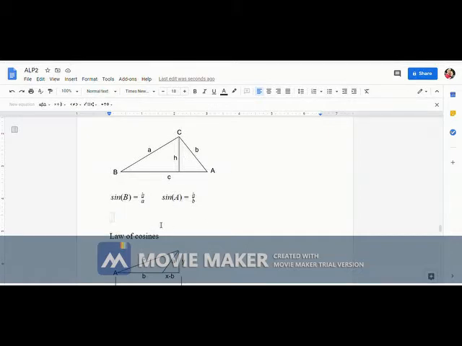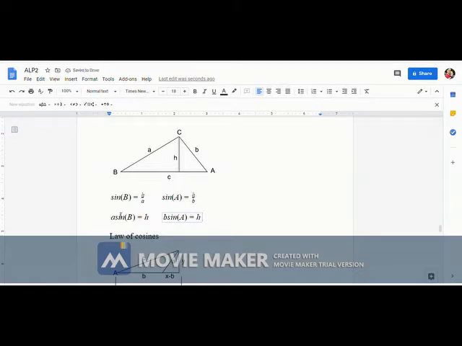Okay, so then we can use algebra here to move a over to this side and b over to this side, so it'd be a sine b equals h. This is just doing it to isolate h, and then b sine a equals h.